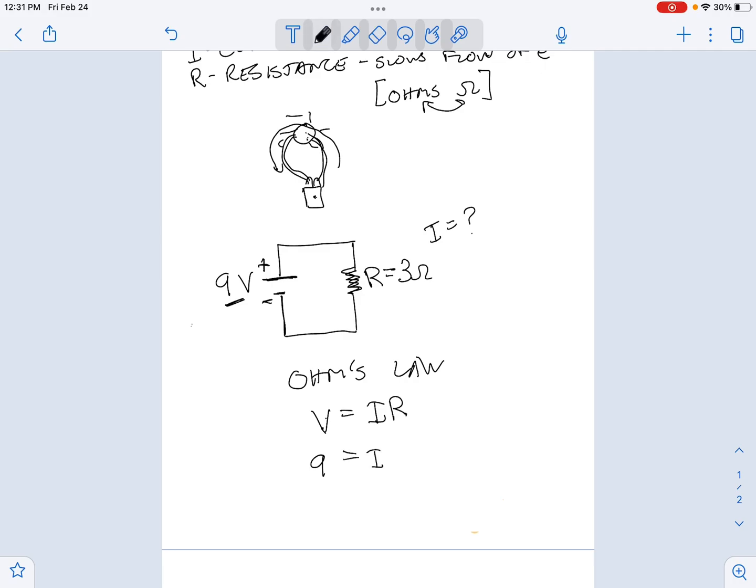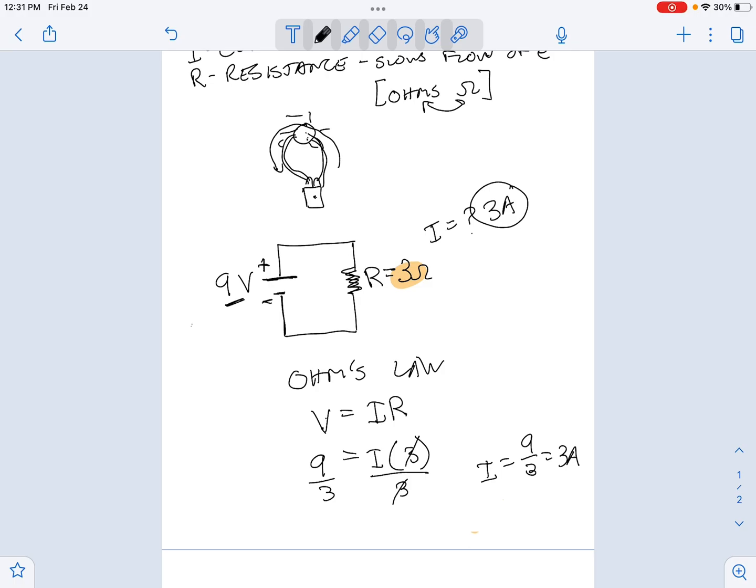We don't know I, which is the current, but we do know the resistance, which is 3 ohms. So we can put that here. Now if we want to solve for I, we need to get I by itself. You can divide both sides by 3. And then you're left with I equals 9 over 3, which is 3, and the units are amps. So here you could say this is 3 amps.